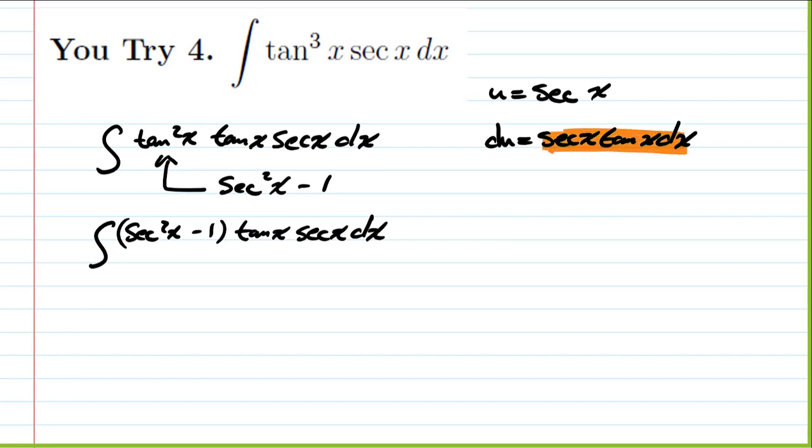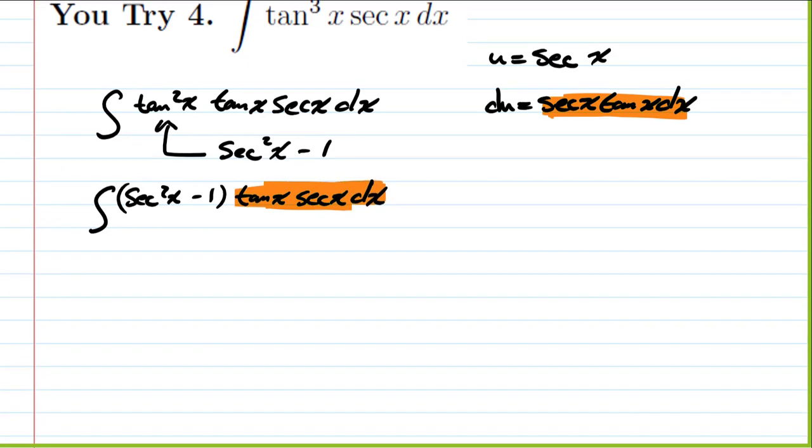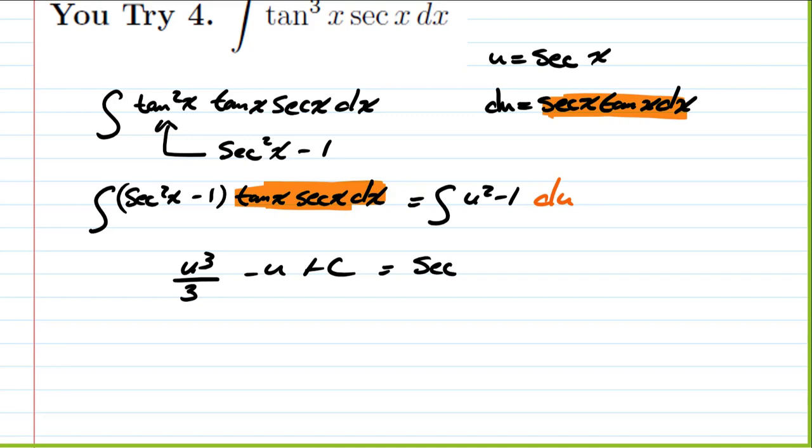If we have secant x tangent x dx, that's the same as this piece right here, and we substitute in our u, we're going to end up with the integral of u squared minus 1 du, which we can then integrate as u cubed over 3 minus u plus c, which gives us secant cubed x over 3 minus secant x plus an arbitrary constant, right?